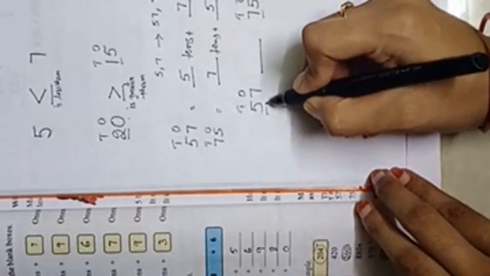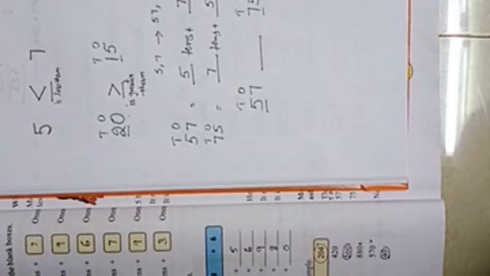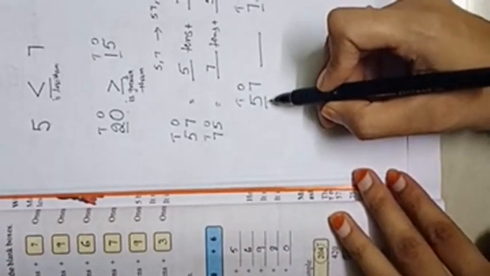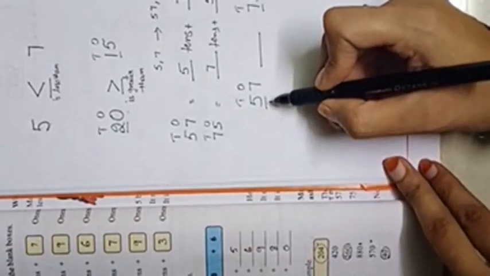I told you, whenever you have a two-digit number, you have to observe the tens place digits first. If the tens place digits are the same, then you have to go to the ones place digits. So first you observe the tens place digit.